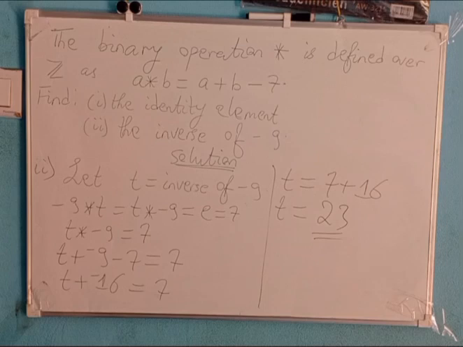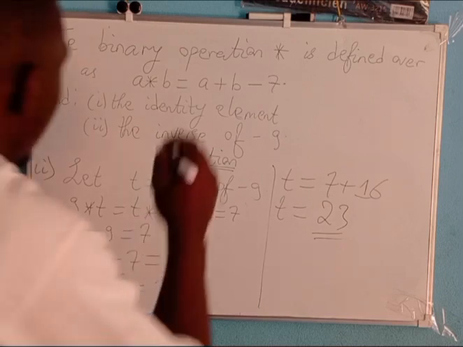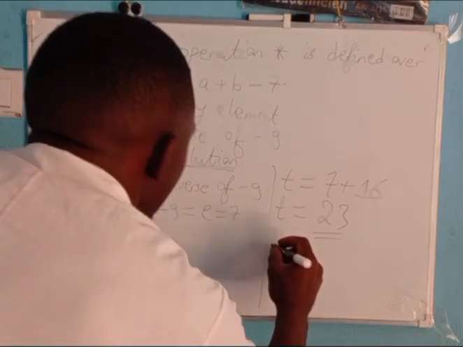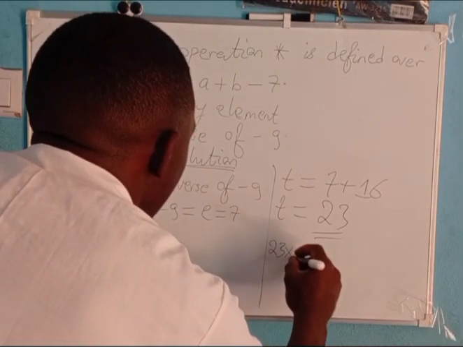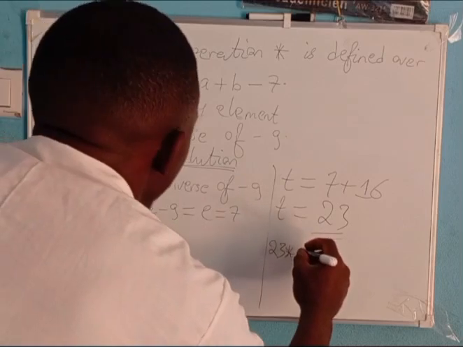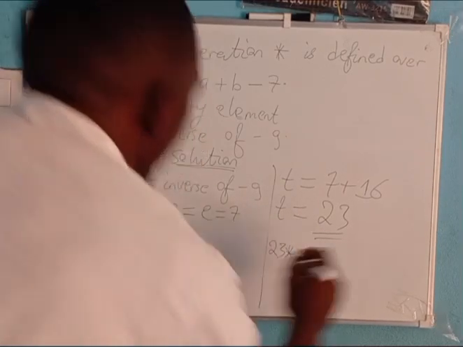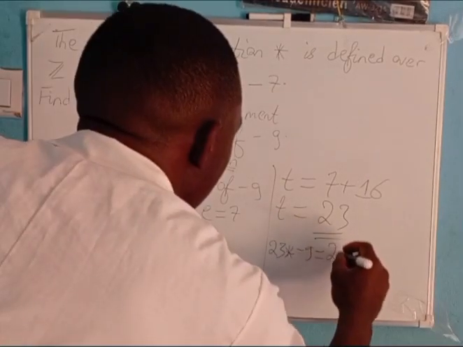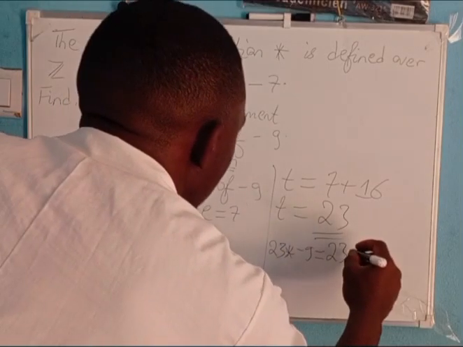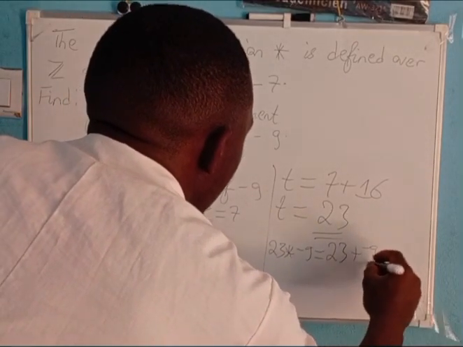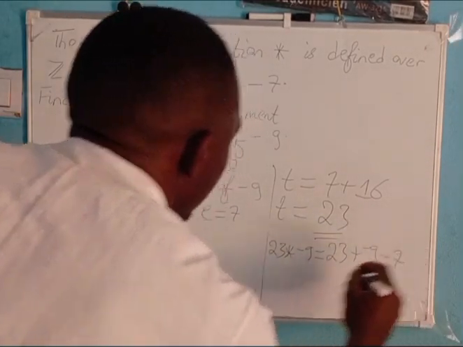We can verify to see if truly 23 is the inverse element of negative 9. Let's find 23 star negative 9. This will simply be equal to 23 plus negative 9 minus 7.